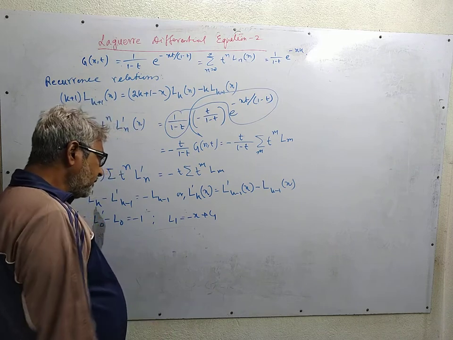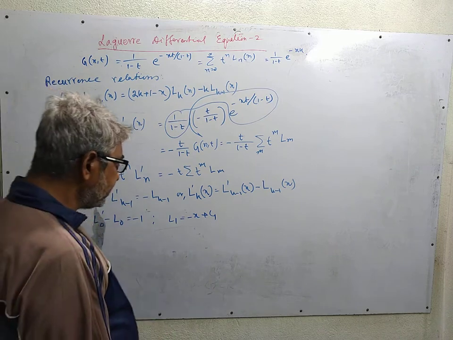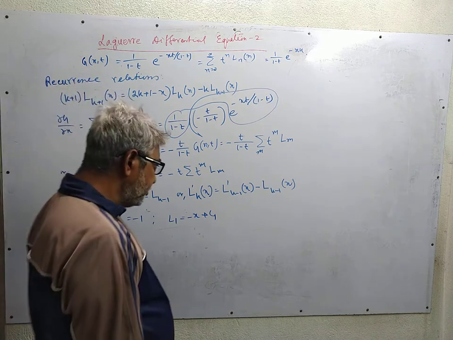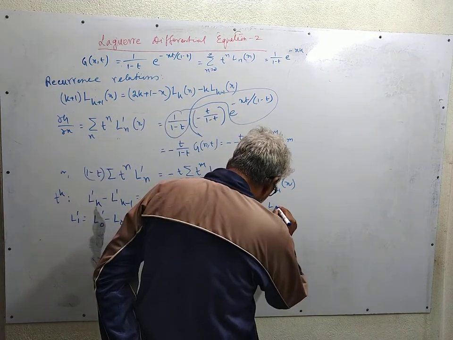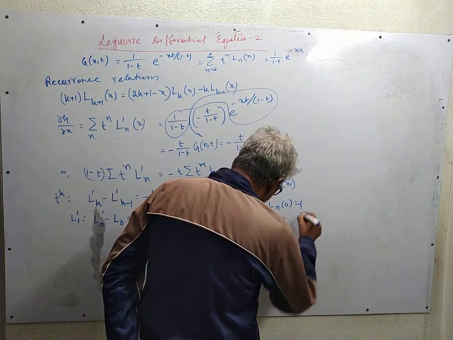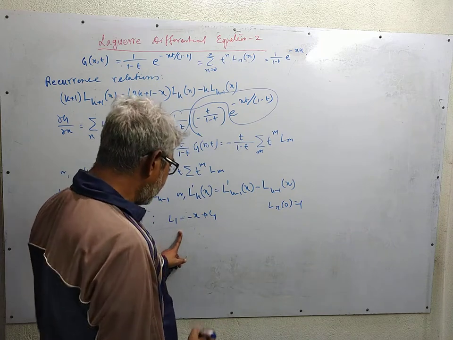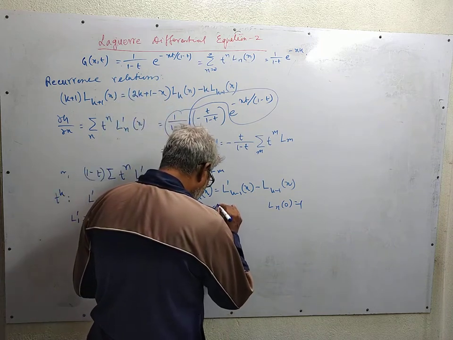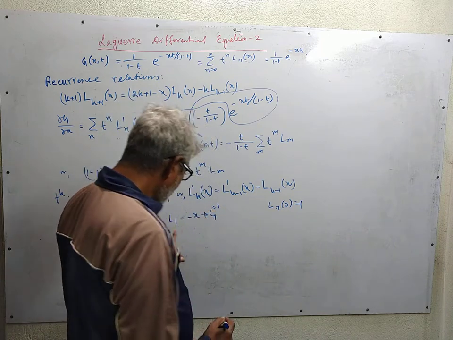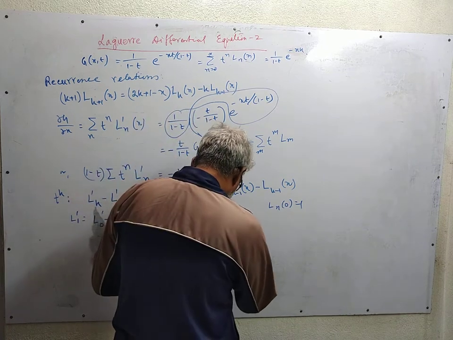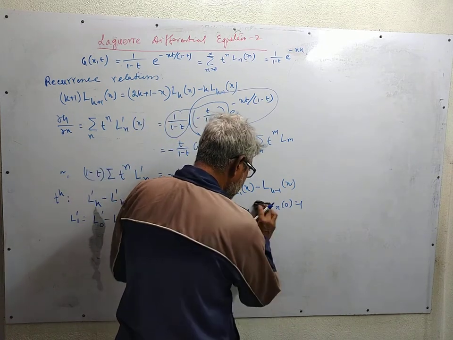Recall that during the series expansion, we assumed C0 in such a way that ln of 0 is equal to 1. So if we impose that condition, C1 comes out to be 1, and we get it as 1 minus x.